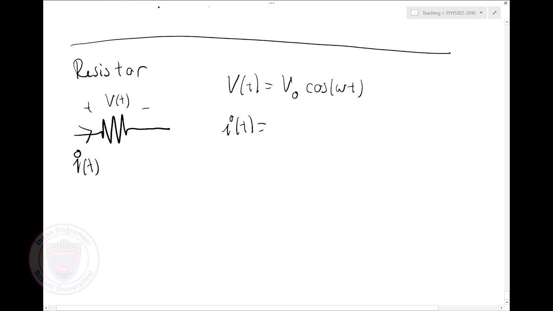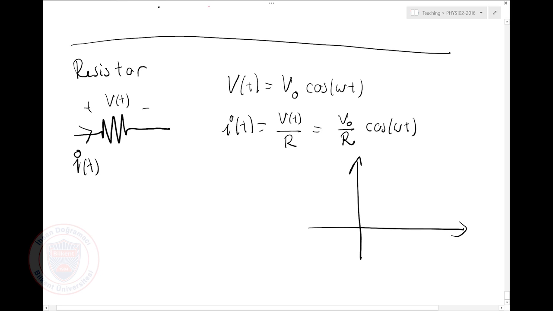As you remember, a resistor has no memory. It only sees what happens at the moment. So the current will be V of t over R, which gives me V0 over R cosine omega t. If I think of these abstract vectors again, my voltage vector and my current vector are in the same direction for the resistor.